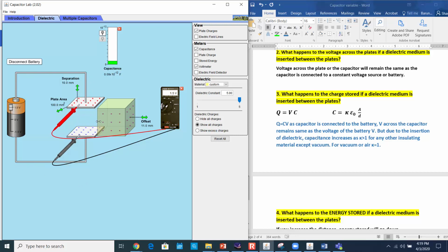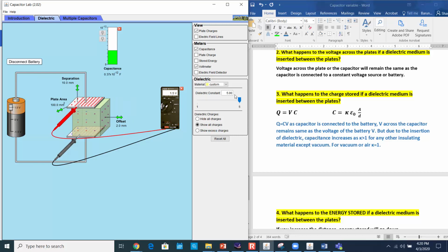So the potential between the plates has to be equal to the voltage of the battery. It doesn't matter whether you insert the dielectric or take it out, the potential between the plates will remain exactly the same because it is connected to the battery. So the voltage will remain constant.